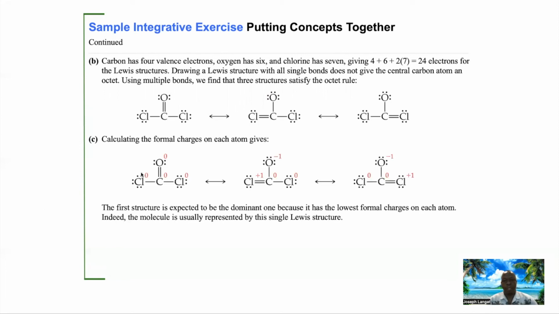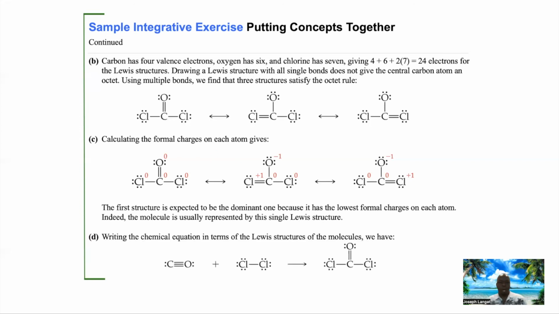So here, I see this is the plausible structure. This is not because of positive one, negative one, so apply the same thing there. So what you need to look at is the bonds being broken. Double bond, single bond, single bond. Double bond, single bond, single bond. And then you add up. So this is the reaction in the formation of phosgene, carbon monoxide reacting with chlorine gas.